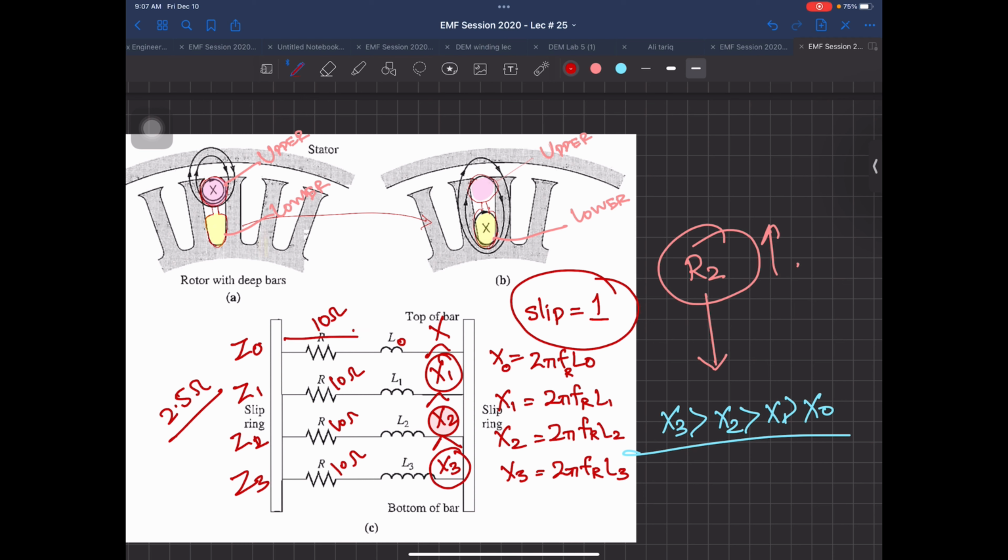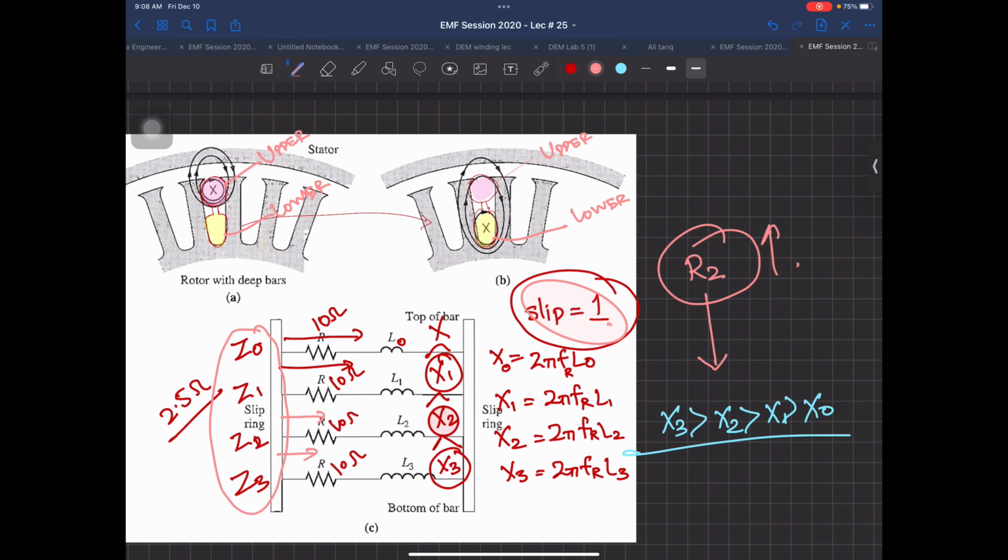So more current flows inside these two branches, and less current flows inside these two branches. And this can happen at starting, because when the machine is starting from rest, slip is equal to 1. So when the machine is having a slip equal to 1, the impedances Z0, Z1, Z2 and Z3 change because slip is equal to 1.